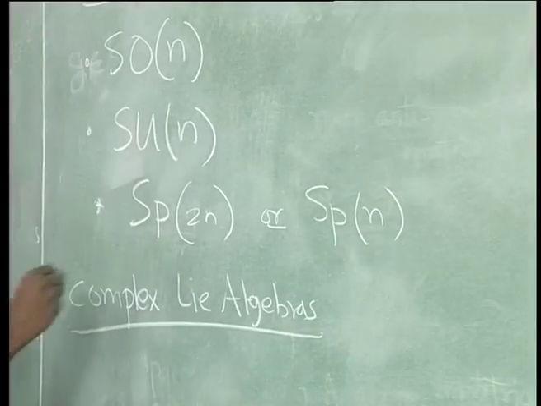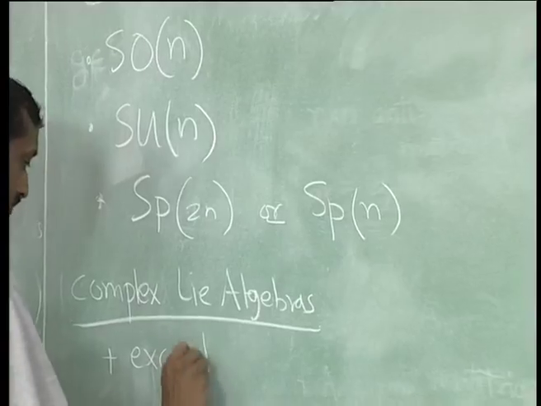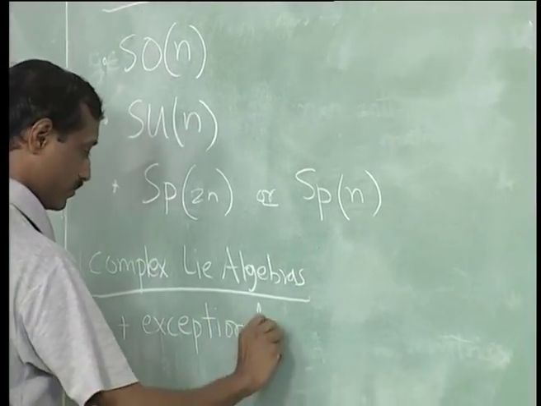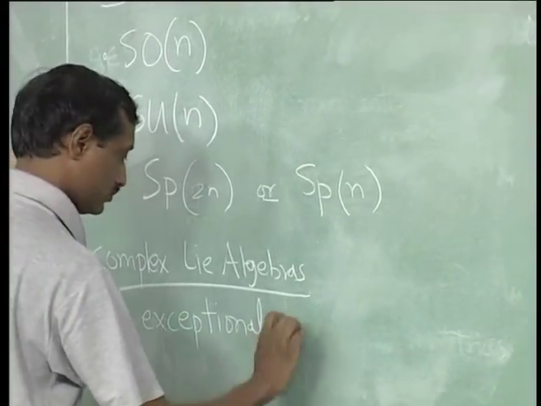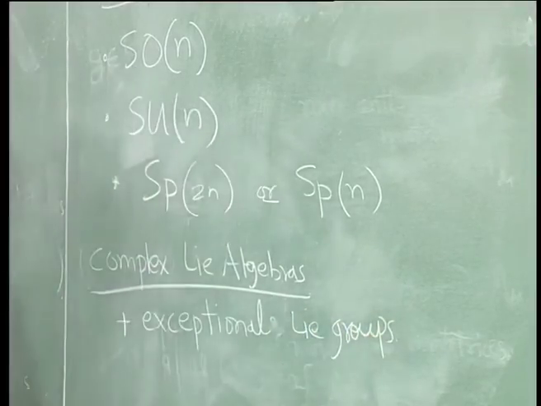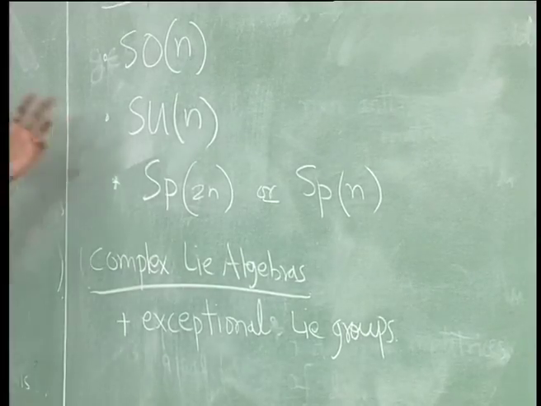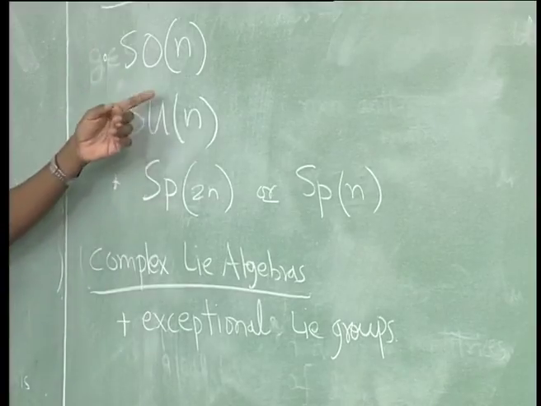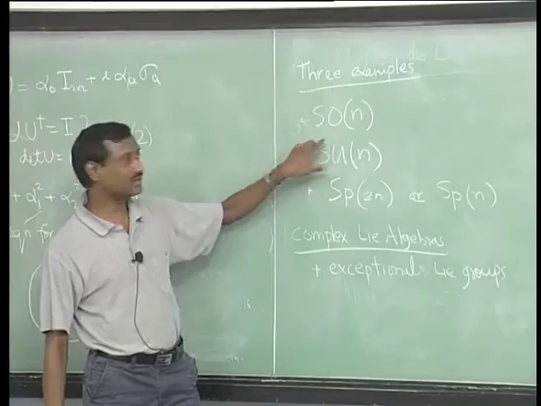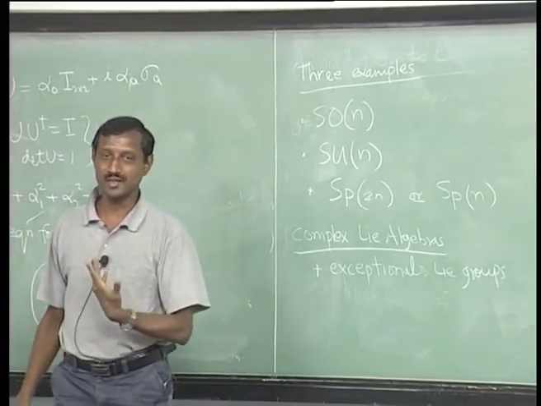Okay. So, you find that you get these 3, but plus there are exceptionals. They are called exceptional because they are not part of any family, they occur only for some special cases. And the Cartan classification has labels A, B, C, D. Here you separate out SO2n, the even case, and the odd case.